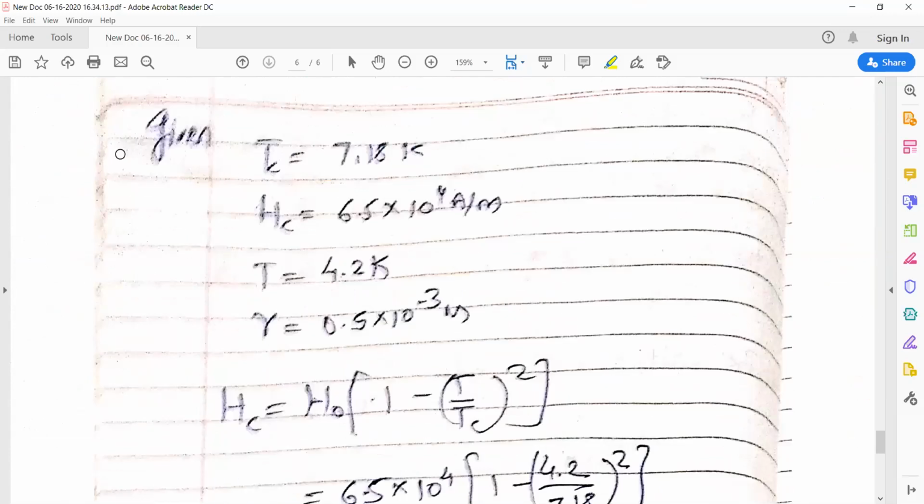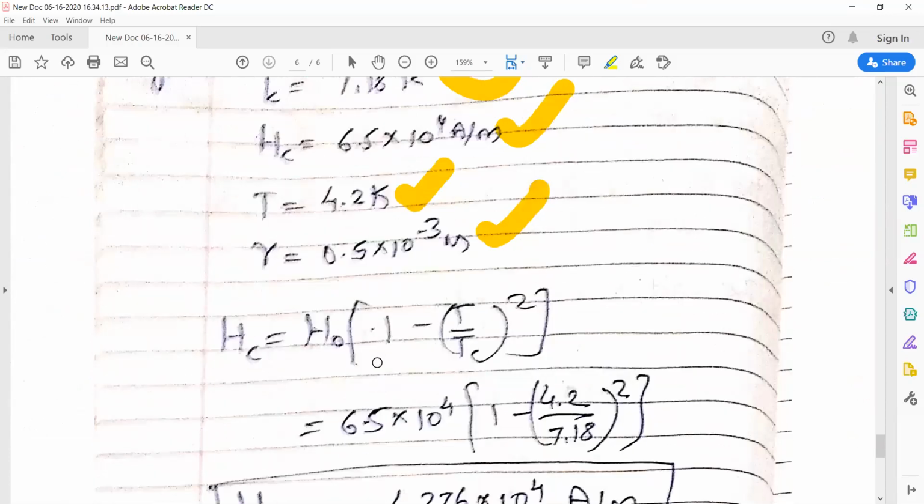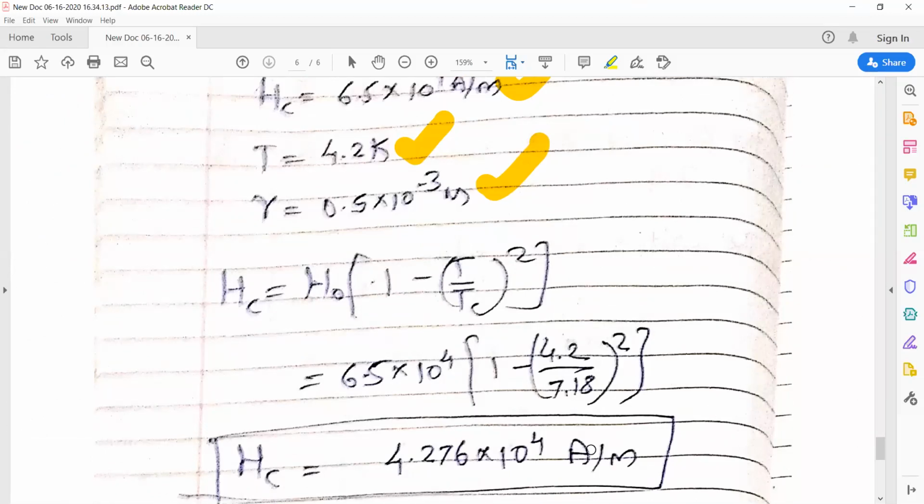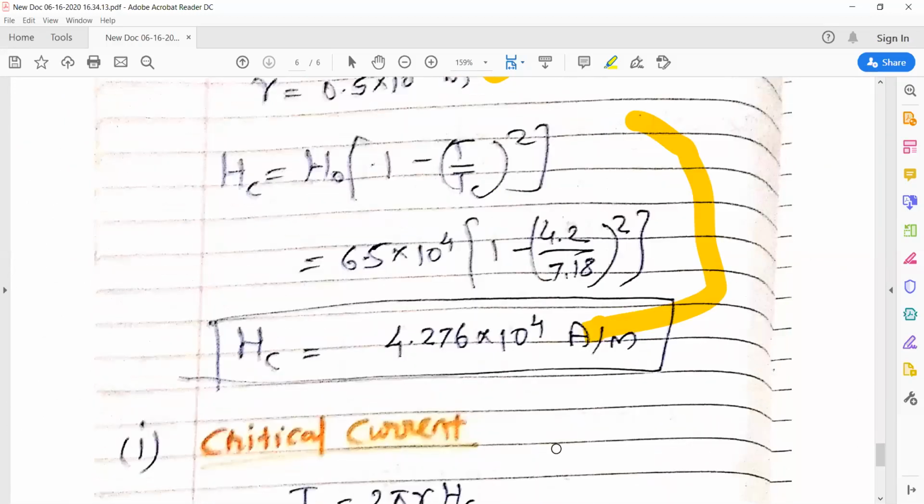It is not a clear picture, but I think everybody can see. TC is given, H0 is given, and at 4.2 Kelvin we need to find HC, and the radius is given. So we will put these values and find HC. But we need to find the critical current.